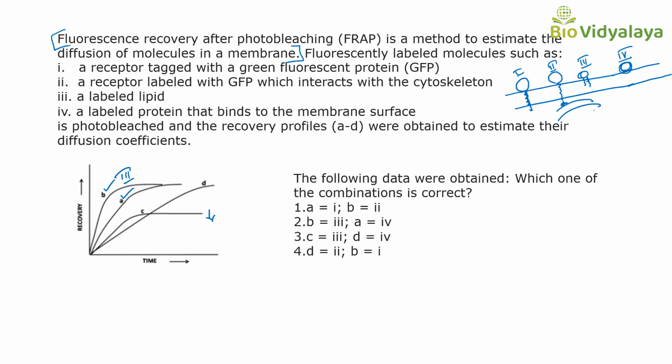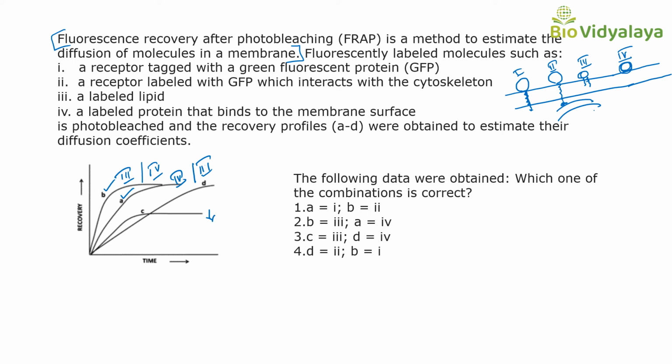At that time you can say this is 3 or 4. If B is 3, then A will be 4. If A is 3, then B will be 4. That you have to remember. So it will be 4 or 3. If you have confusion, then you can write like this.